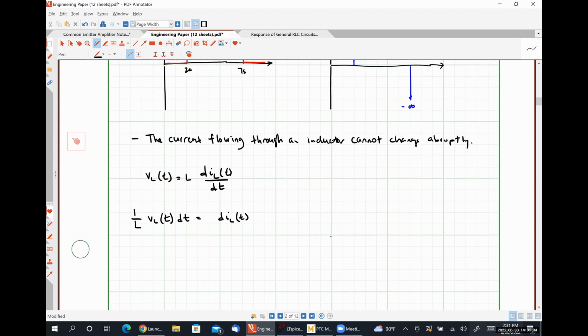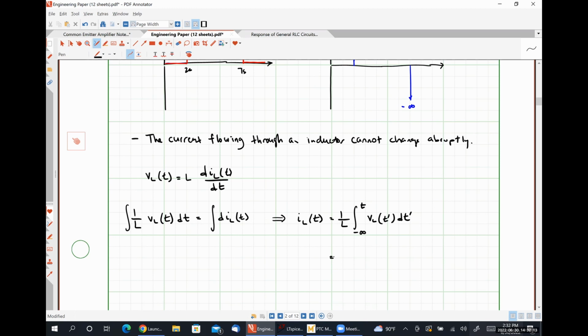And now I'm going to integrate both sides. So if I take the integral of this side and the integral of this side, what I get is the current flowing through an inductor as a function of time is equal to 1 over L times the integral from negative infinity to t of VL of t prime dt prime, where t prime here is just a dummy variable for time.